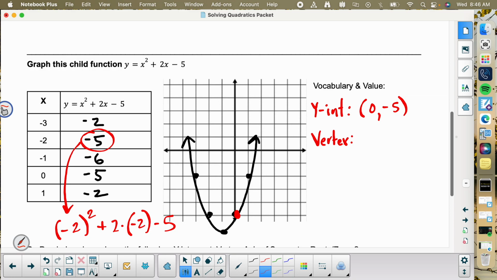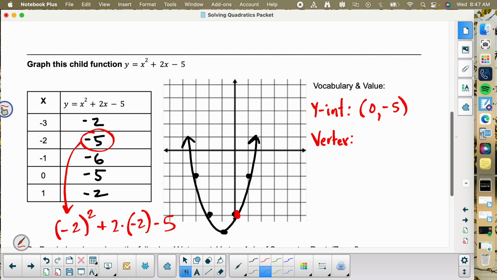If I tell you nothing about a vertex, do you ever remember hearing vertex from different things we've done? When we did the V shapes, so we did graphs that looked like V's before. The vertex was the point or the tip. Okay, on a U, where is that gonna be? Yeah, so, I'm not gonna call it the bottom, because the U could be upside down and then it would be the top.